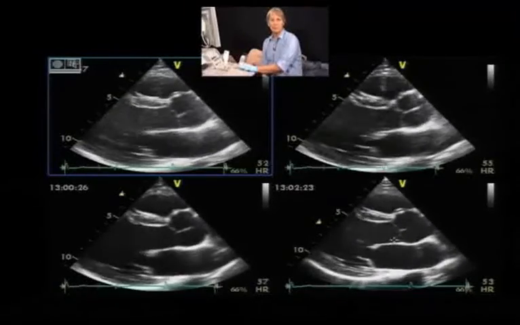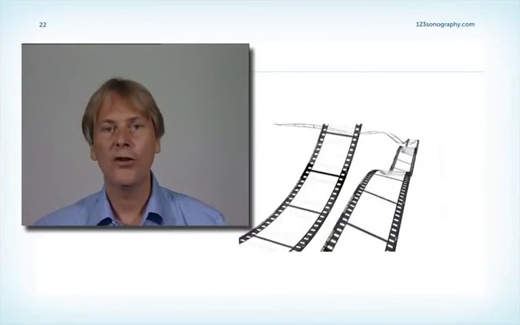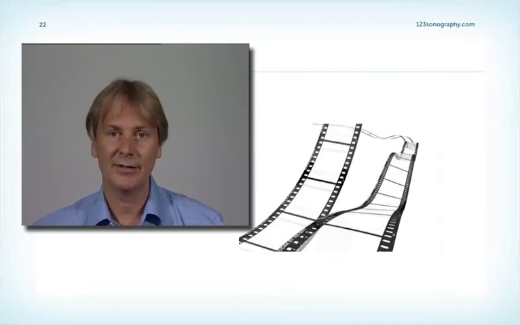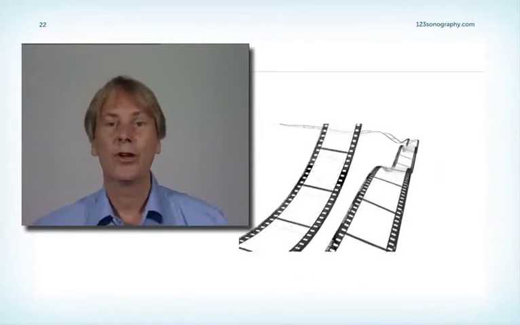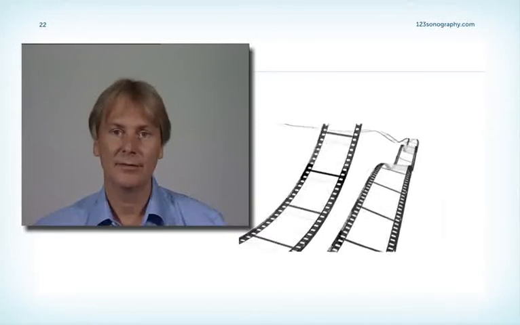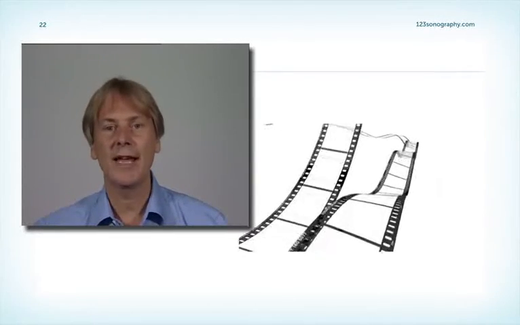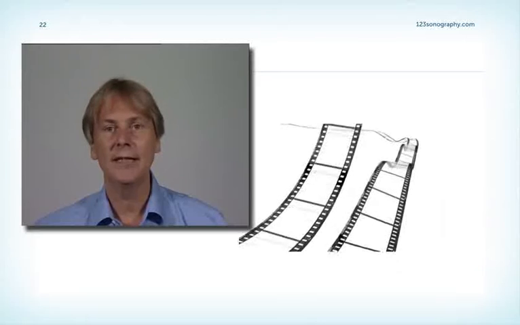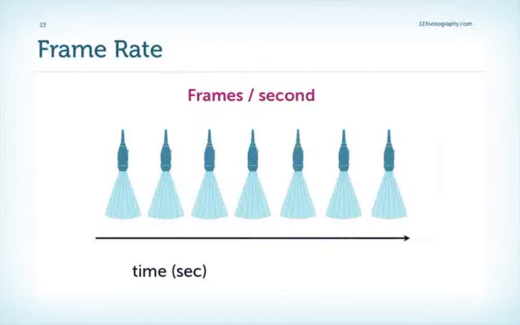So far, we only saw and talked about still images. But with echocardiography, we're also interpreting moving structures, such as heart valves and the myocardium. So it's very important to also understand how moving images are created and which factors influence them. To understand how moving images relate to the quality of ultrasound, it's important to use the term frame rate.